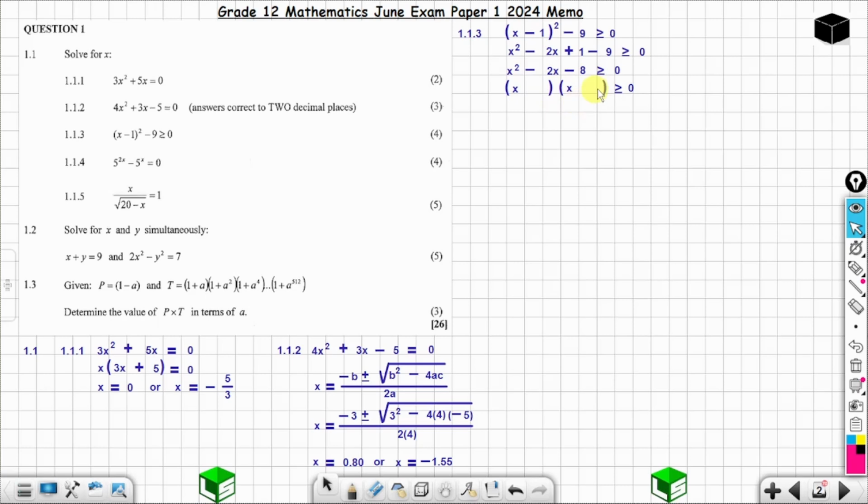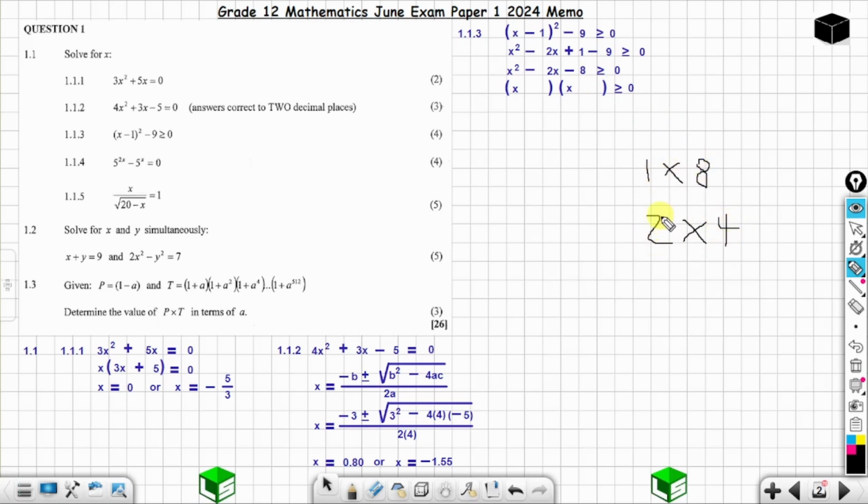When you add the two terms, you are going to have minus 2. Okay, let's see. Let me show you. You have 8 is equal to 1 times 8. Okay, 8 is equal to 2 times 4.